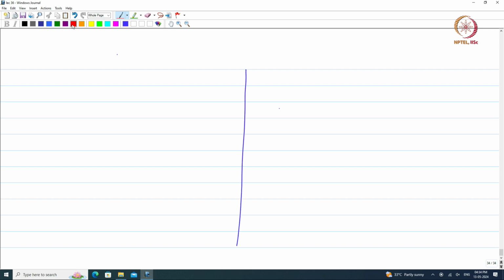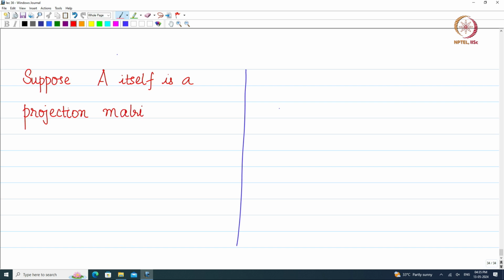Suppose, let us look at this. Suppose A itself is a projection matrix. Now, what does that mean?